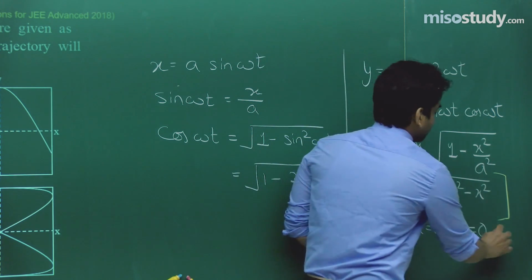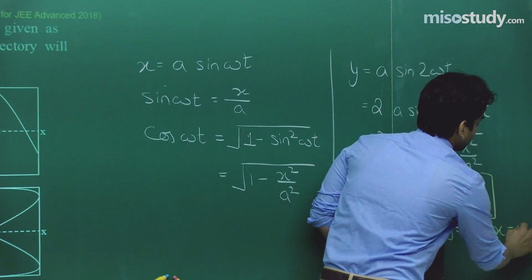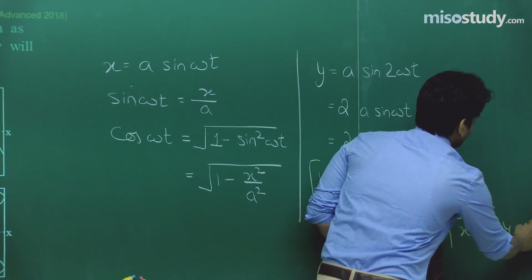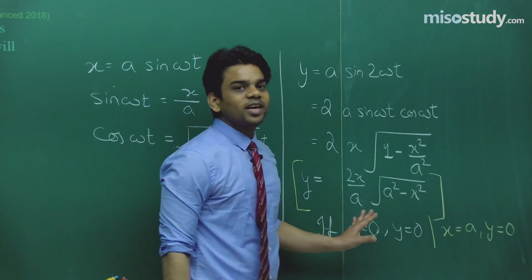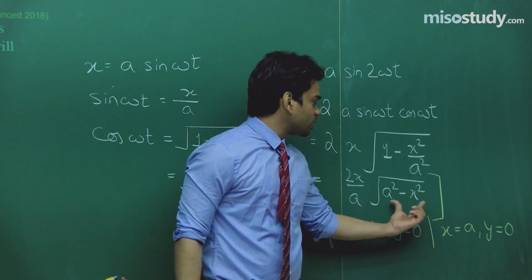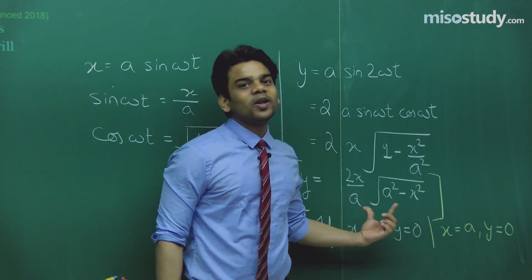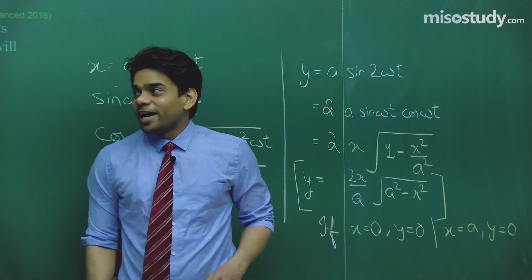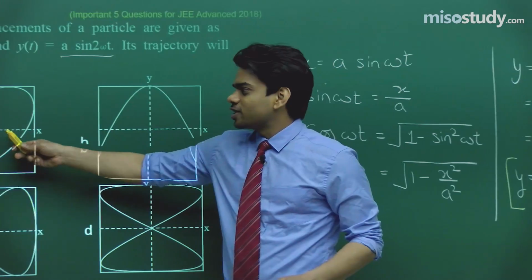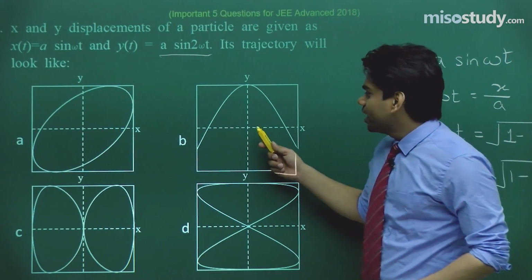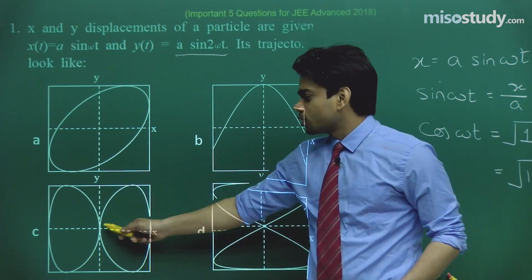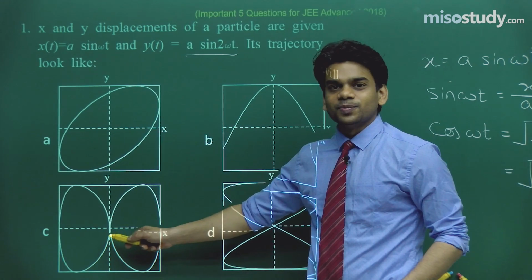So if x is equal to a, y will be equal to 0. These 2 points we can easily make out, because when x equals a, this term will be 0, and automatically we get y as 0. X is 0, then y is 0, it is not matching here, it is not matching here, it is matching at option C, where x is 0, y is 0.